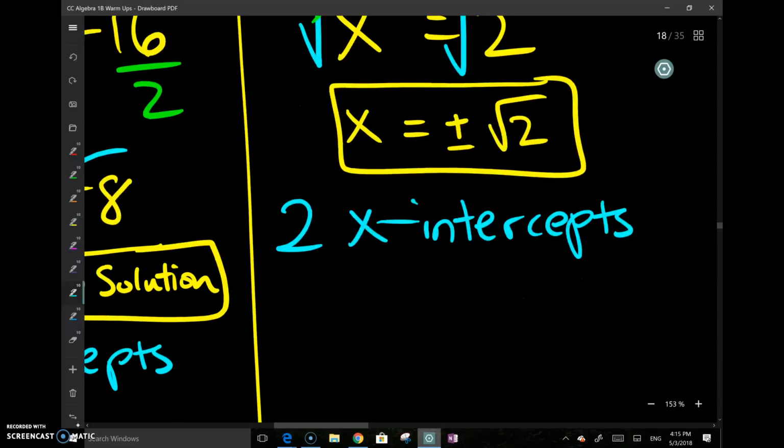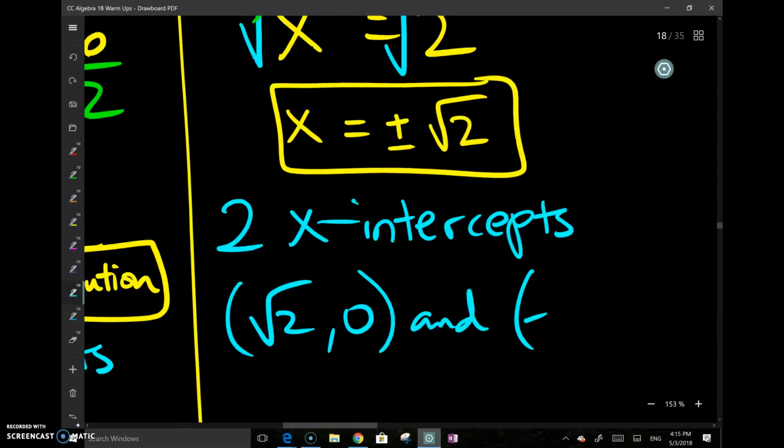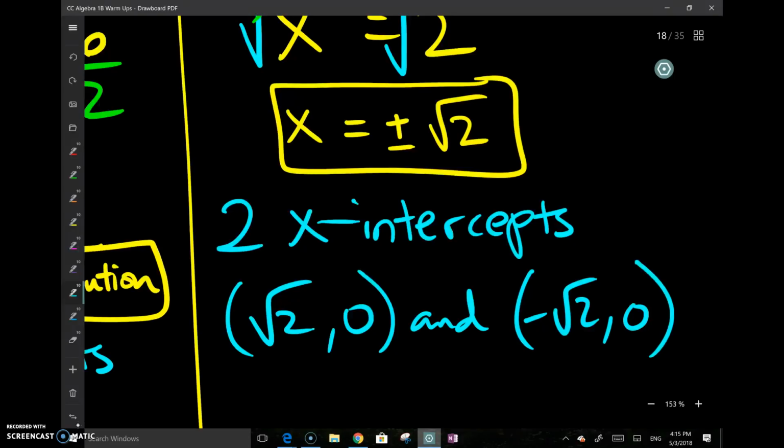However, the way to write them would be radical 2, comma 0, and negative radical 2, comma 0, right? Because you have to consider there's a positive value and a negative value. And each one represents a location along the x-axis where this graph would actually touch.